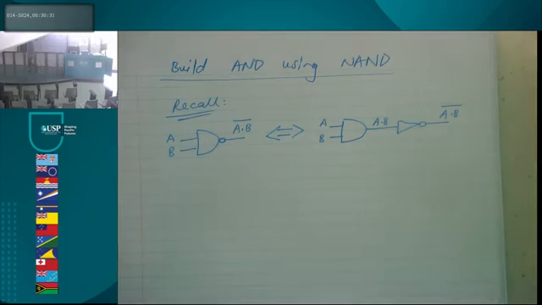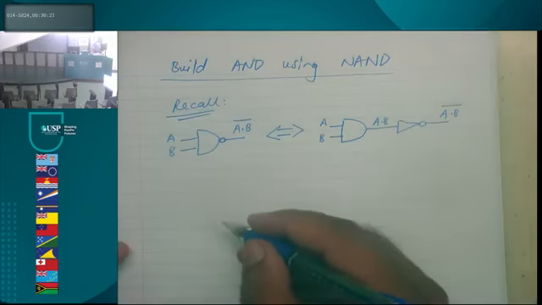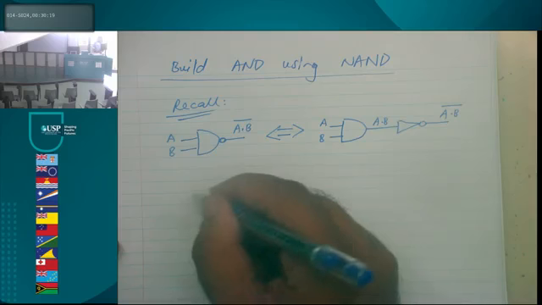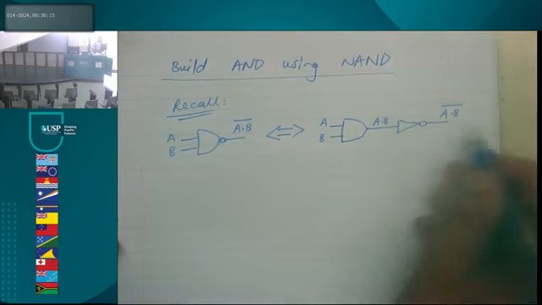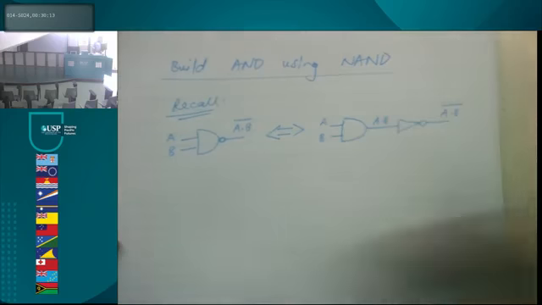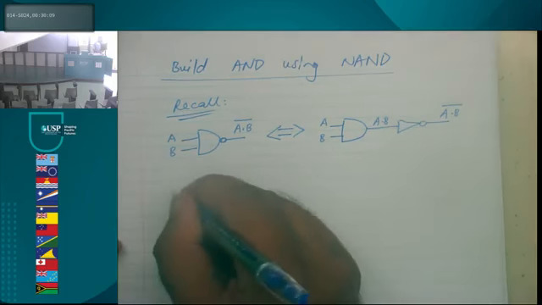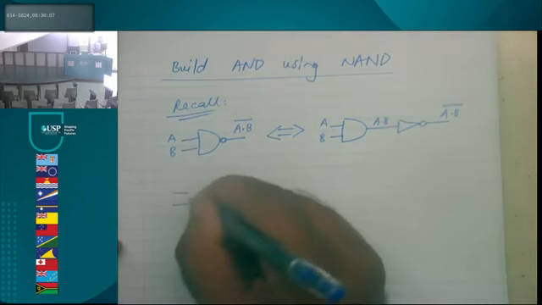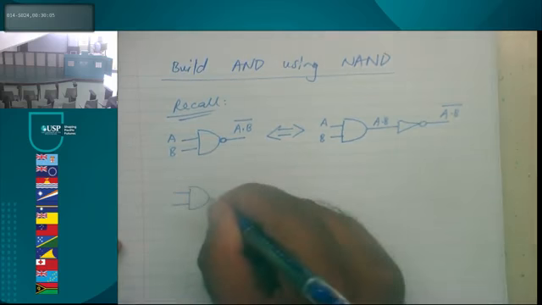Build AND using only NAND. Okay. Now, if you consider this and we want to convert that into an AND gate, all we've got to do is, right?